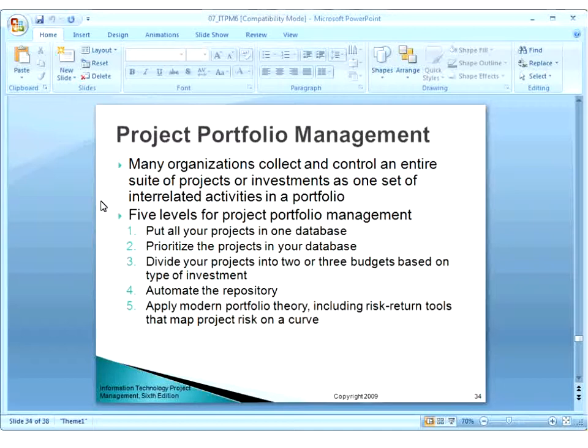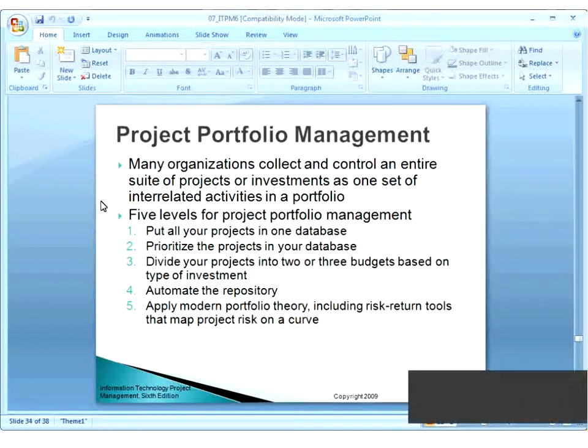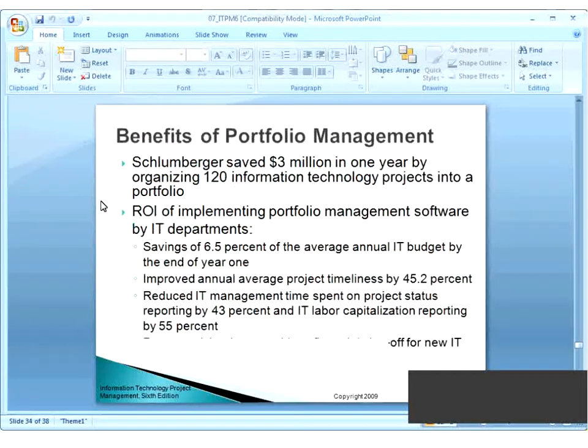So what you do is put all your projects in one database, prioritize the projects in your database, divide your projects into two or three budgets based on types of investment, and automate the repository and apply modern portfolio theory, including risk and return tools that map the project risk on the chart. So what you are doing is that you have started multiple projects and you are managing them at once, although you have prioritized them as well.